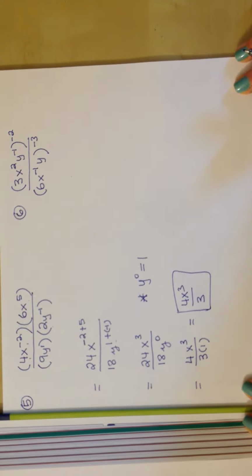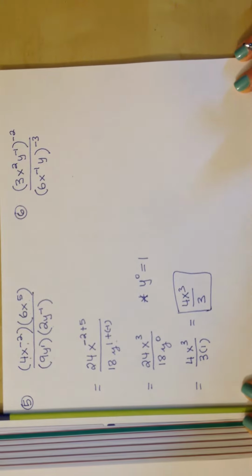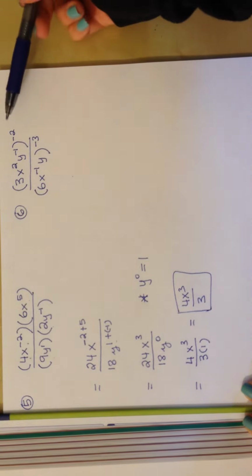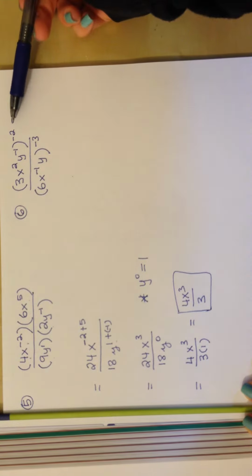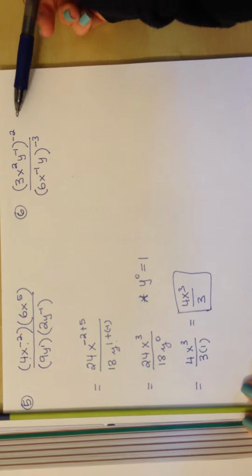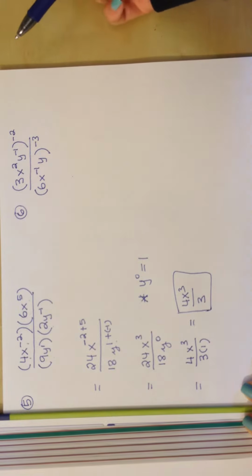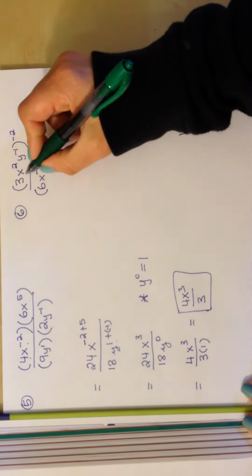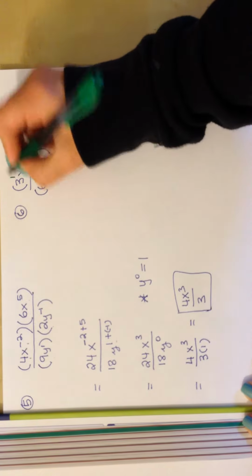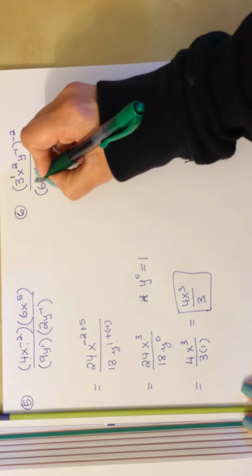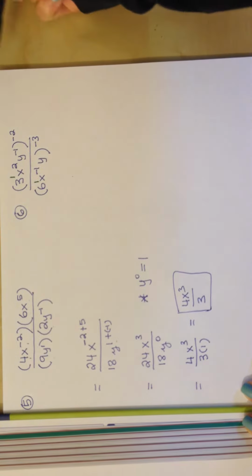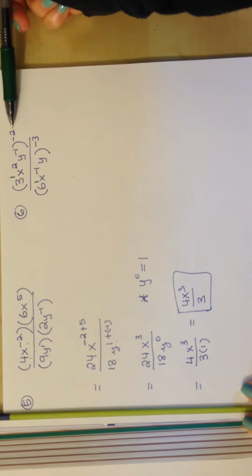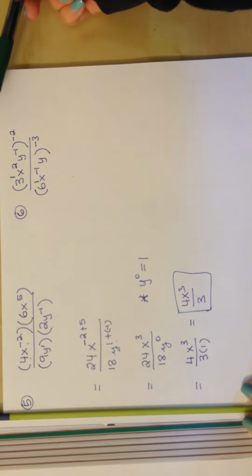Last example. This example, we have the parentheses and the exponent on the outside, which implies we need to use the power rule. We will be multiplying our exponents. Do not forget that 3 has an exponent of 1 and 6 has an exponent of 1. We have to take care of the exponent on the outside of the parentheses first before you try to reduce.